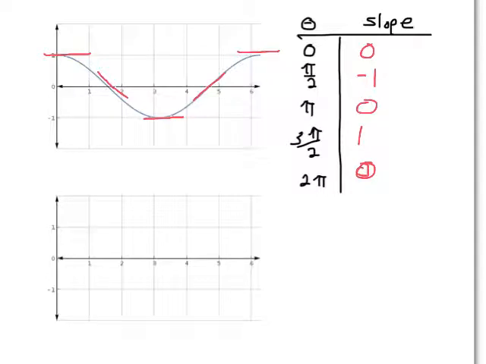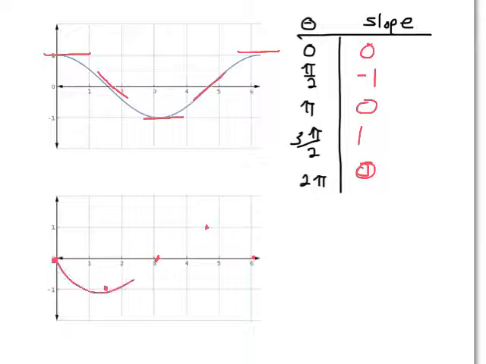So if I were to graph this, I start at 0, 0. At pi over 2, I'm at negative 1. At pi, I'm at 0. At 3 pi over 2, I'm at positive 1. And at 2 pi, I'm at 0 again.